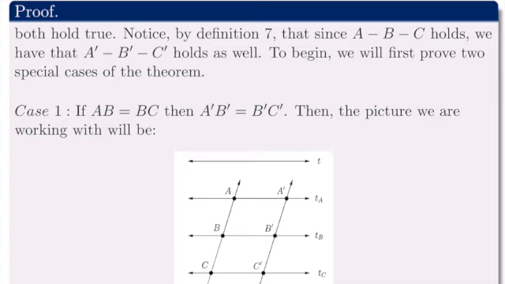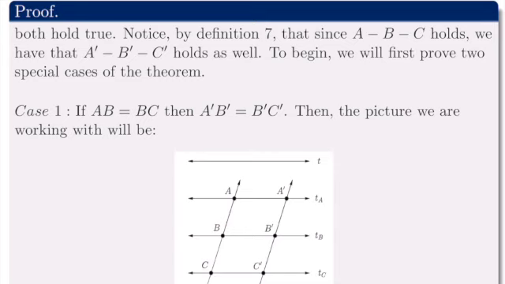So notice by Definition 7, since B is between A and C, because it's a mapping from K to K prime using T, we also have that A prime, B prime, C prime holds, moreover that B prime is in between A prime and C prime.